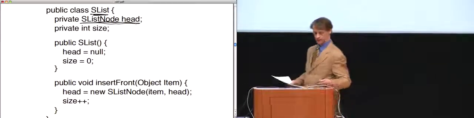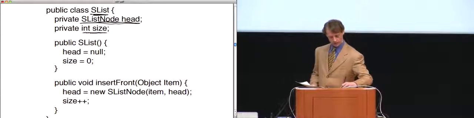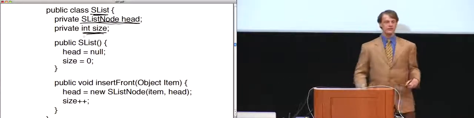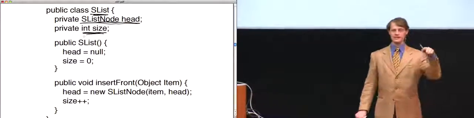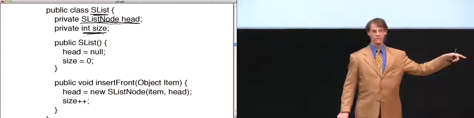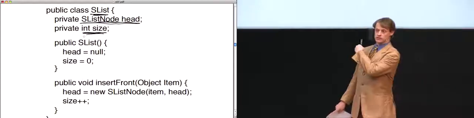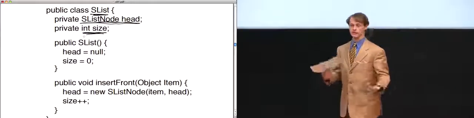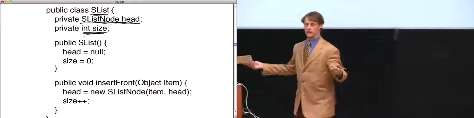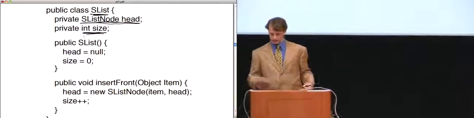There's an SList object. Just for bonus, we also store the size of the list. Because if you don't store the size of the list and you want to know the size, you have to walk through the entire list and count all the nodes. That's slow. Instead, we're just going to keep a running total of how many list nodes there are every time we create or delete a list node. That way, when we need to look up the size, we can do it fast.